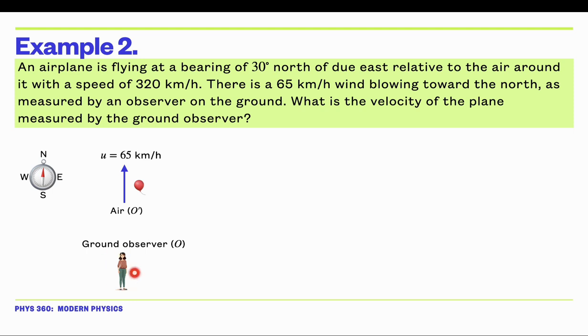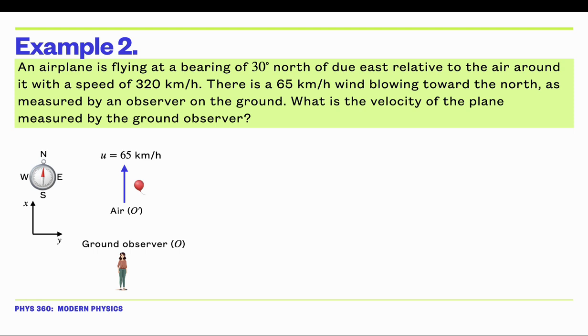Since the observer sees the air moving northward at 65 kilometers per hour, our velocity between our coordinate frames will be u = 65 kilometers per hour. Remember that we're always assuming that the motion between our coordinate frames is along the x-axis.